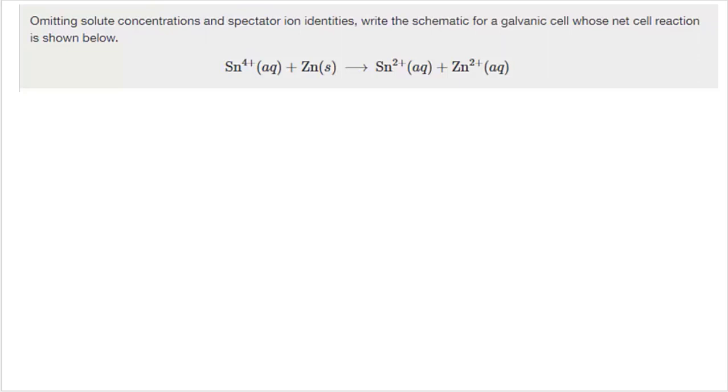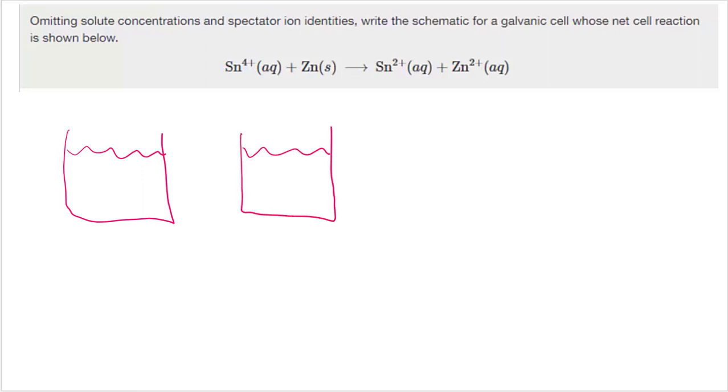All right, well, welcome back. Let's see what we have here. I'm just going to draw my beakers. And first I'm going to look at my Sn4+ and my Sn2+. We can see that my tin 4 plus is reducing because it's gaining electrons.